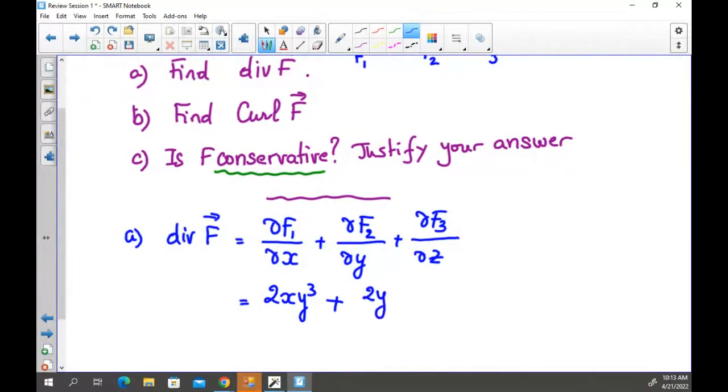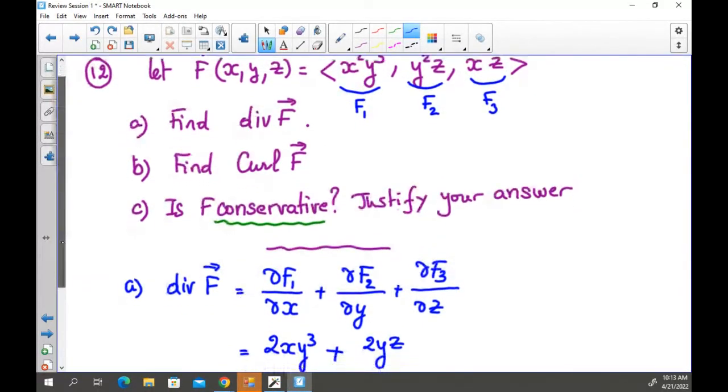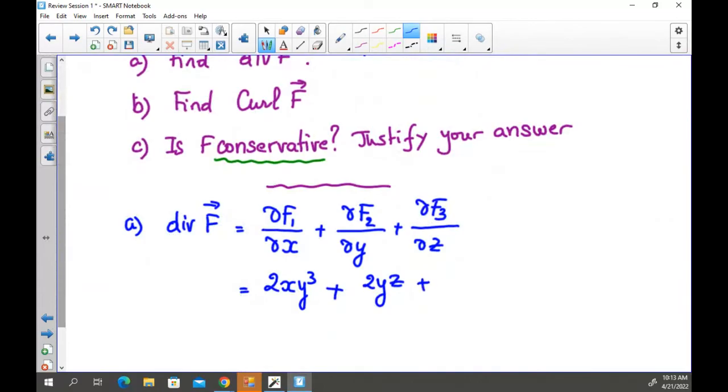Thanks, Noor. 2yz is fine. And finally, df3 over dz is just x. So this is the divergence of this function. Fairly easy, no problems here.